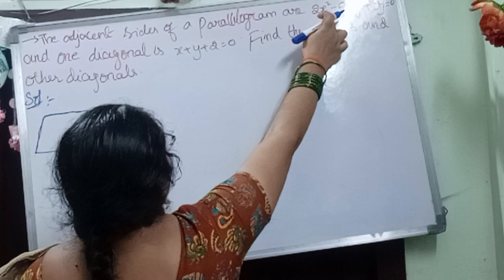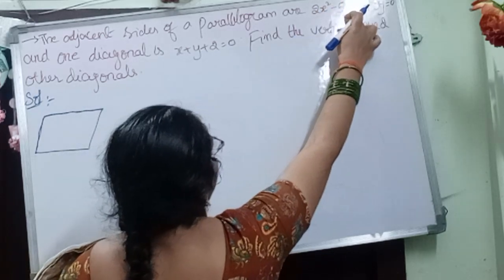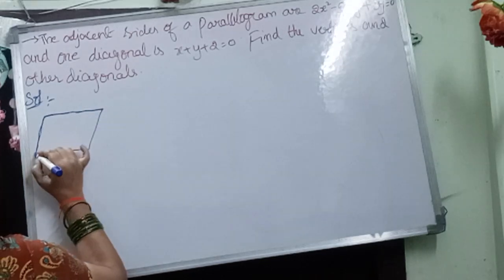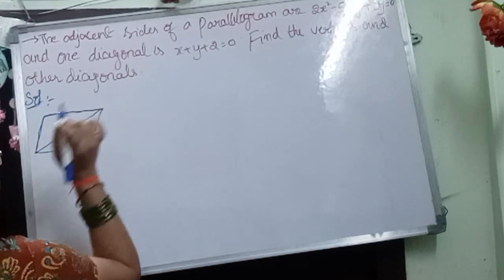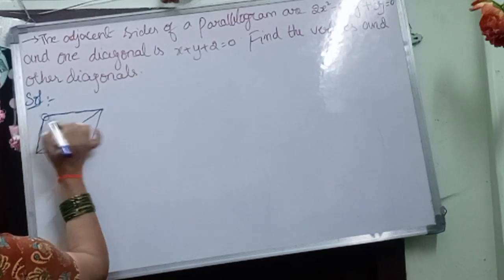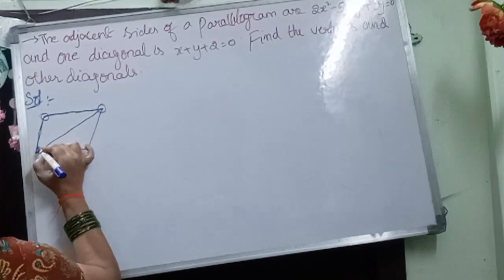If we separate this into two equations and use the third equation, say for example the diagonal, then by these three equations you can find this vertex, this vertex and this vertex.